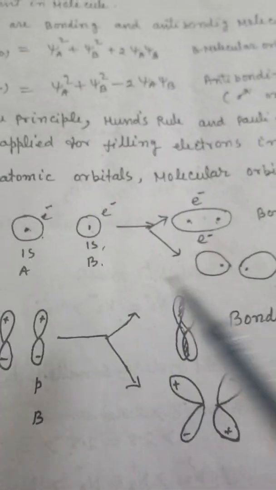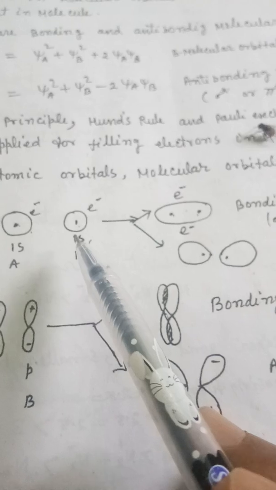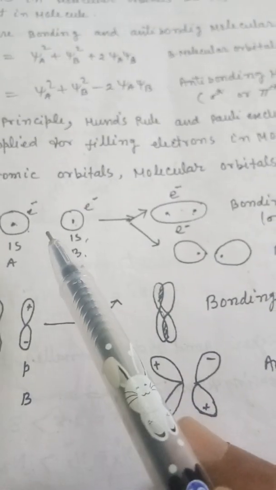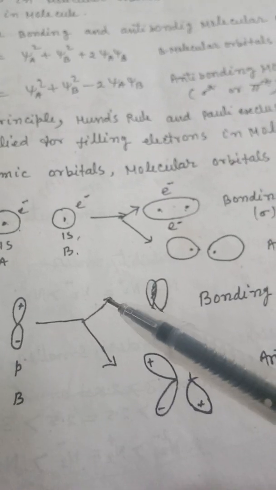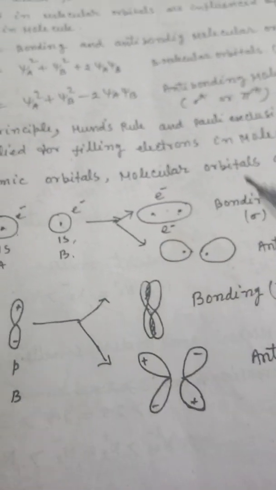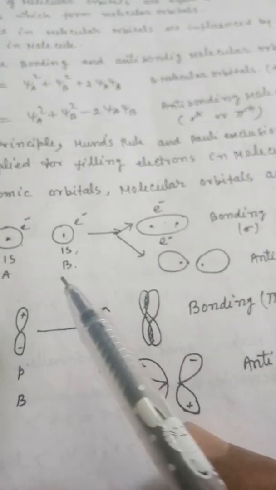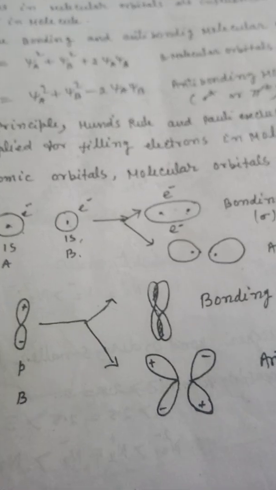Now another possibility may happen. These two atomic orbitals combine together, no doubt, but energy of the molecular orbital is enhanced. It means there is a force of repulsion between the two atomic orbitals.